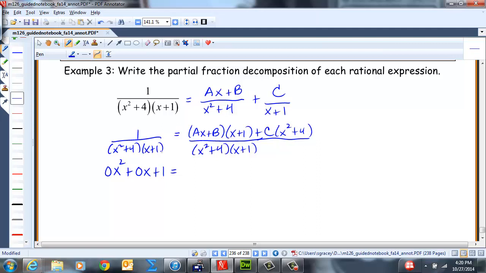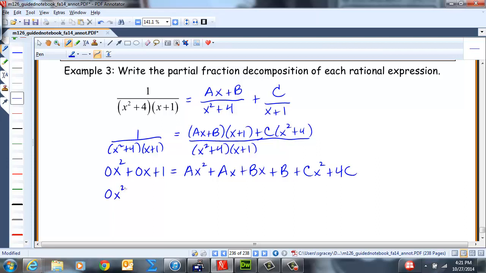So now that we have the same denominator, we'll just work with those numerators. So we're going to have ax squared plus ax plus bx plus b plus cx squared plus 4c.